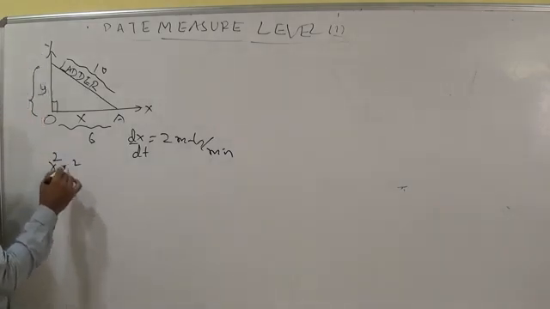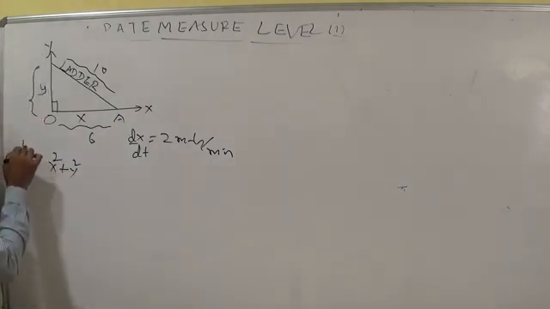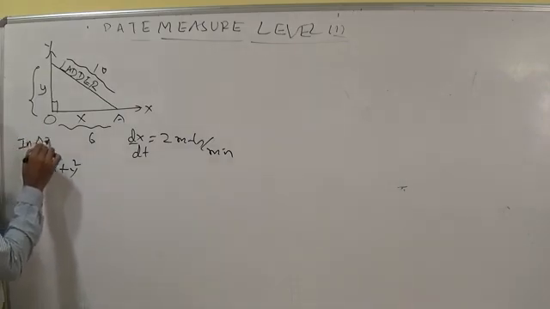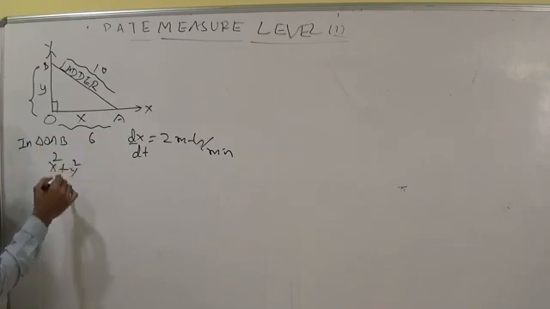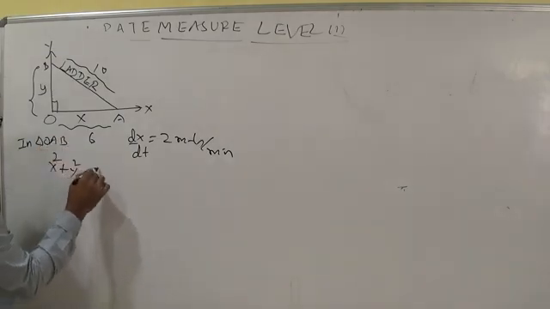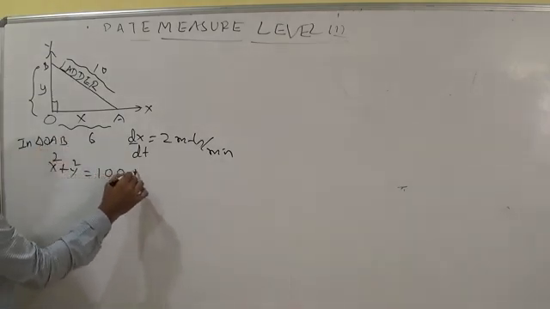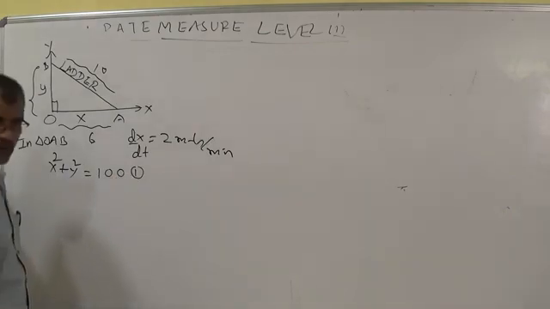In triangle OAB, x square plus y square is equal to 100. Let it be the first equation, it will be useful.